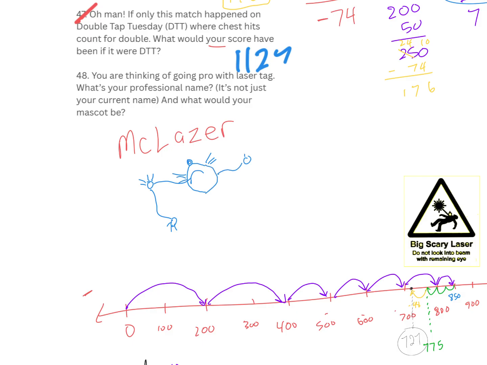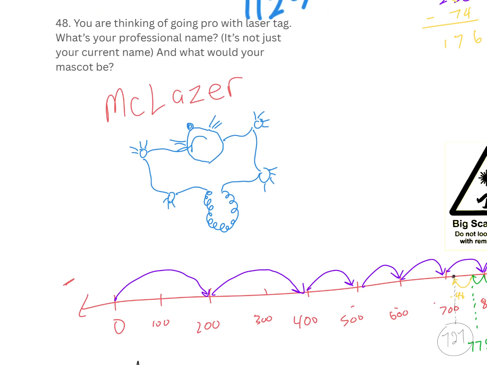Here's the flying squirrel. And they have a fluffy tail, I guess. And you know what? Let's make him like in a cool laser tag uniform. It's gonna be like a thing right there, and then pew, pew, pew, pew, pew, pew. Big laser. McFlyers.